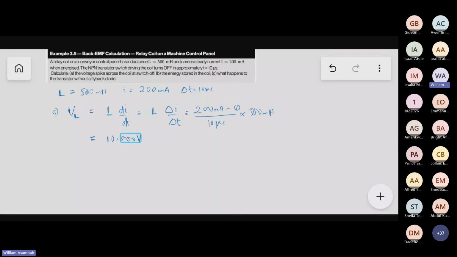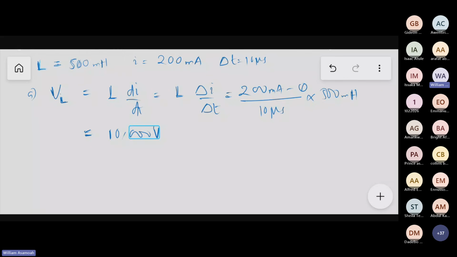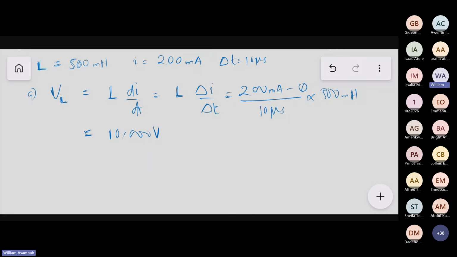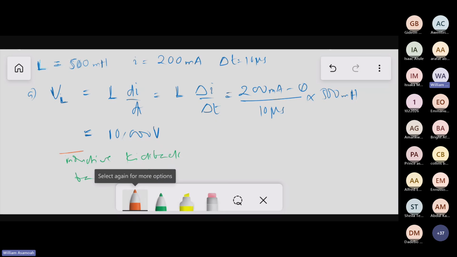Now this huge voltage is what we call the kickback EMF, or the inductive kickback. It kicks you back. Why are you trying to turn it off? It will kick you back. So we call this voltage the inductive kickback or the back EMF, and it's very high.